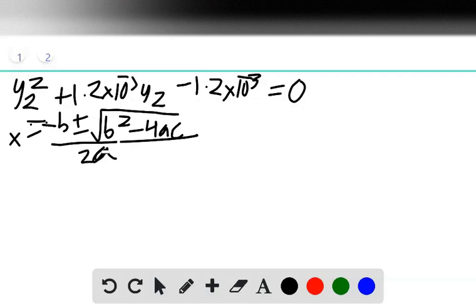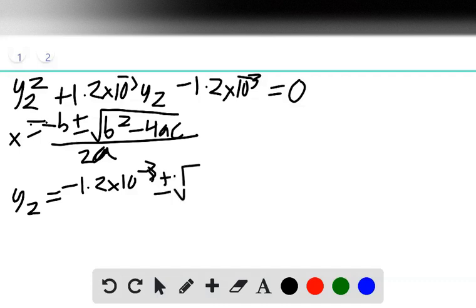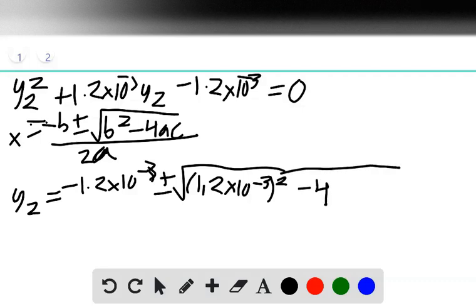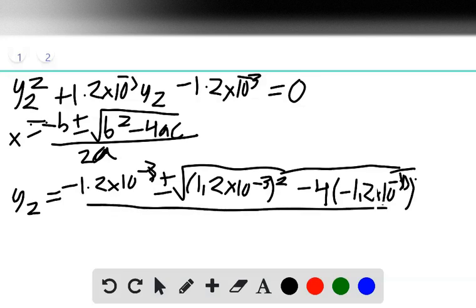So plug that in. y2 equals minus 1.2 times 10 to the minus 3 plus or minus the square root of 1.2 times 10 to the minus 3 squared minus 4a times minus 1.2 times 10 to the minus 3, and then you divide that by 2.